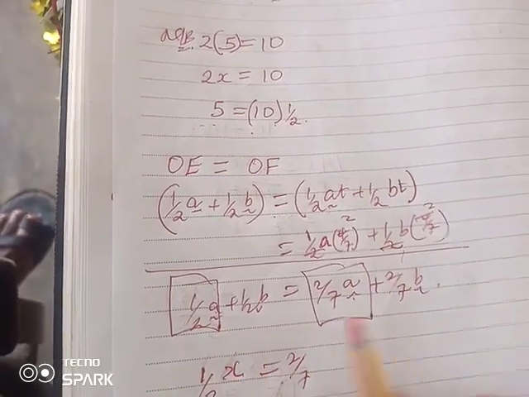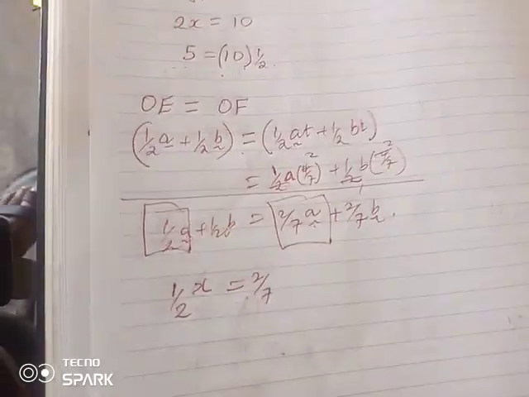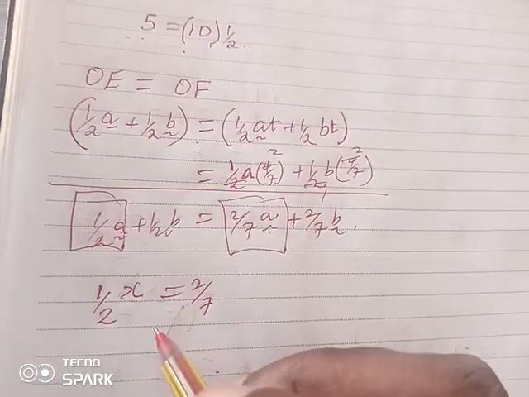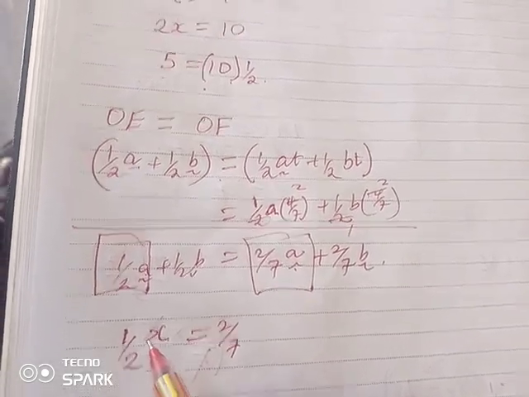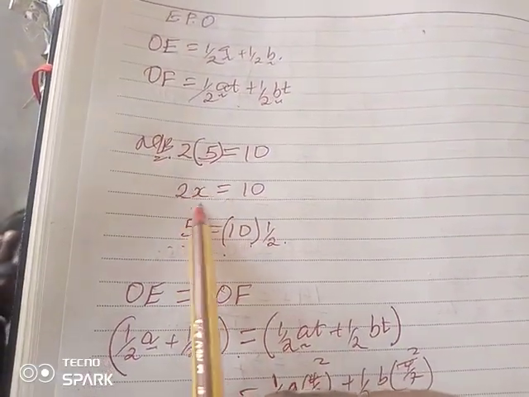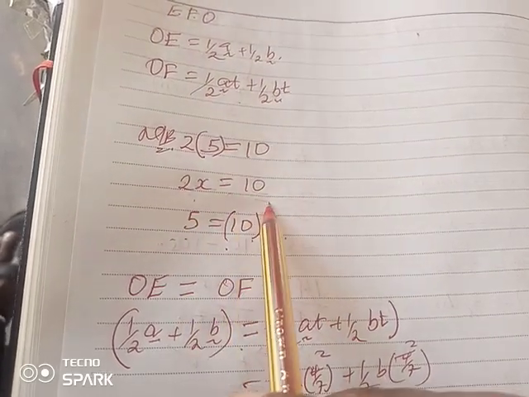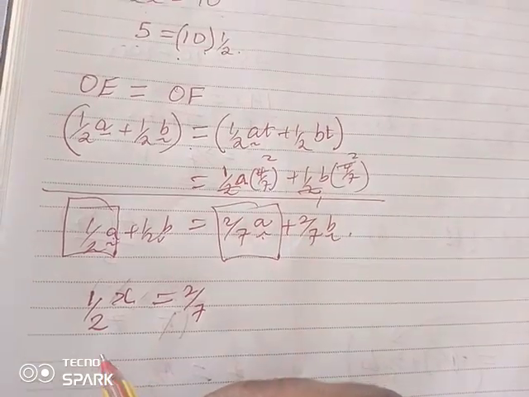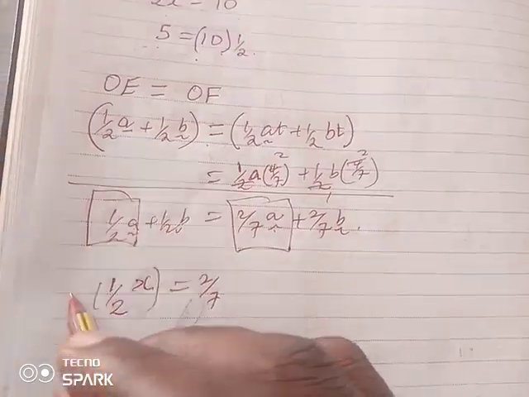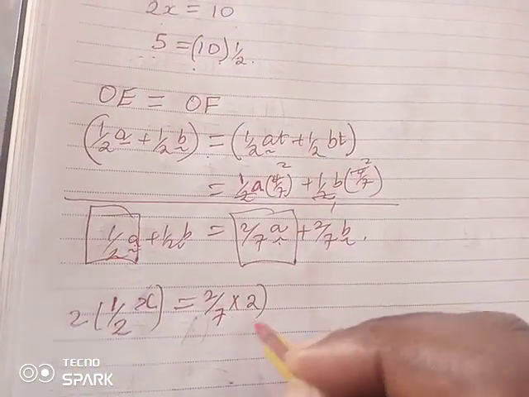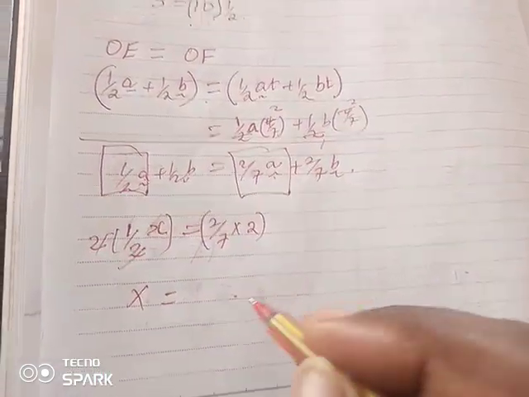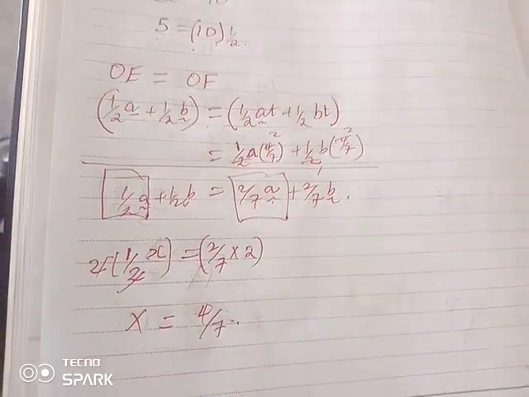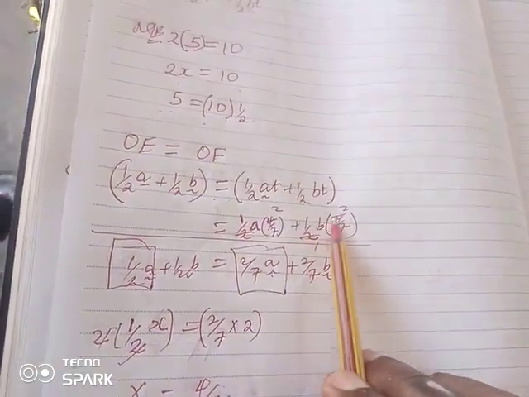Because A is common, I'm not considering A, I'm just looking at the scalars. So what is this x, which we don't know? Like in the case here, 2x equal to 10, so x becomes 5. So we multiply this side by 2, this side by 2, so that x alone becomes 4 out of 7. And this was automatically the value of t.